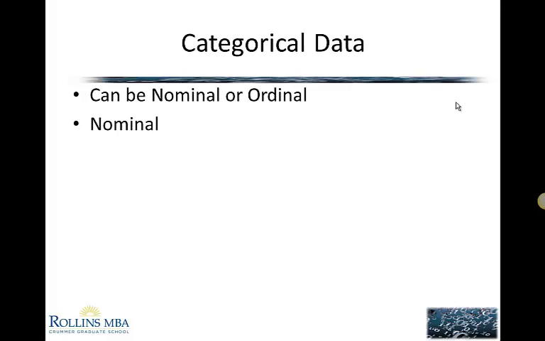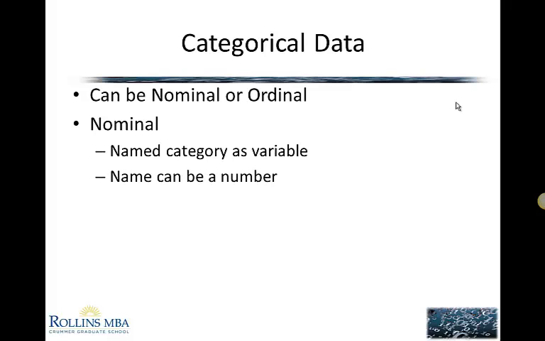And nominal categorical data is just where we're using some kind of descriptive name as the categories in the variable. So it's really just a name that we're given that's describing the quality. And sometimes we can use a placeholder instead of an actual descriptive name. So we could use a number.